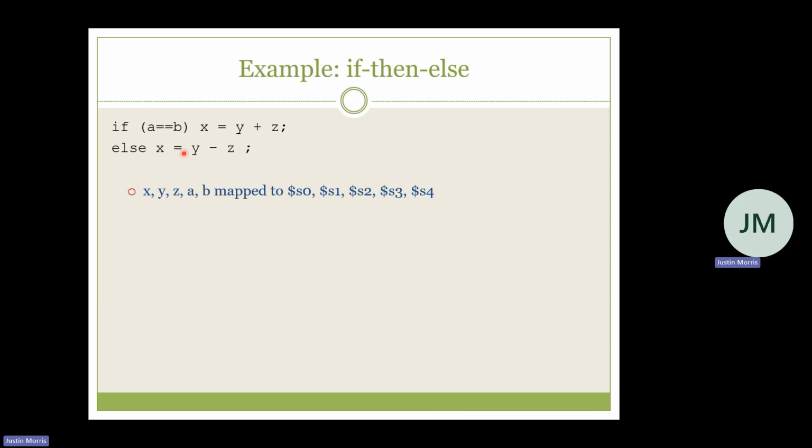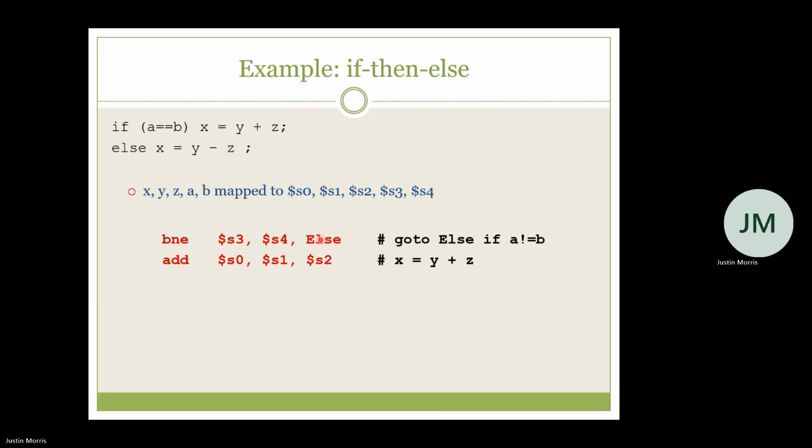All right, so we can also do if else, right? So again, same mappings, X, Y, Z, A, B. So branch not equal. So if A and B are not equal, we're going to do the else. This is the case where they're equal, right?